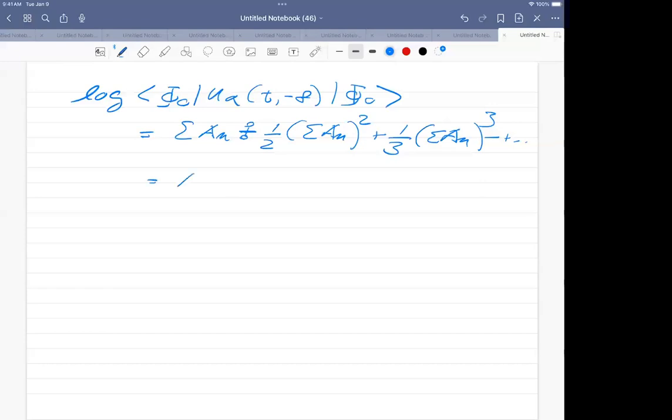And this would be the same when we write it out as a_1 plus a_2 plus a_3 plus, and then I have minus 1/2 a_1 squared minus a_1 a_2 and plus 1/3 a_1 cubed, etc.